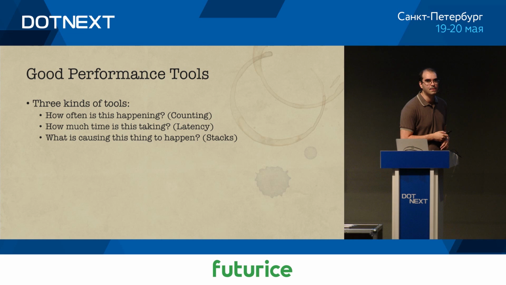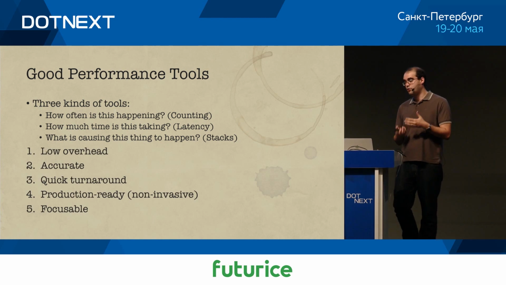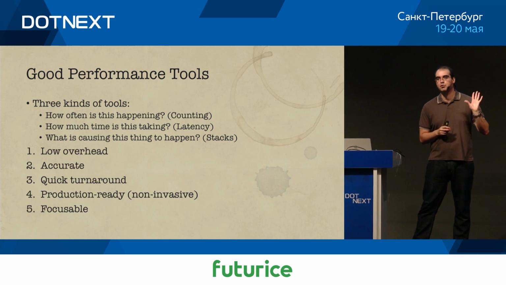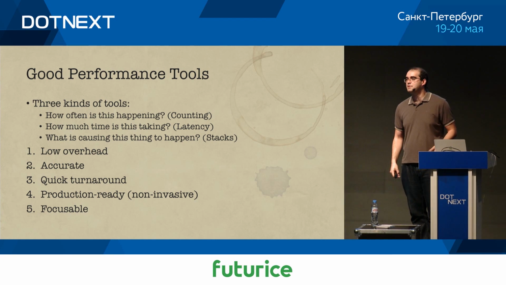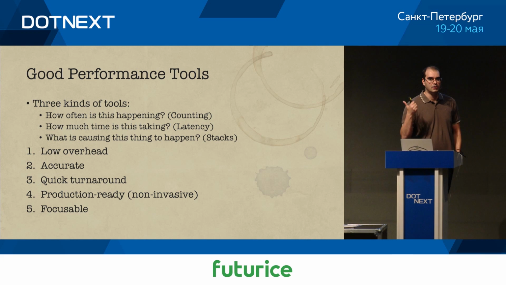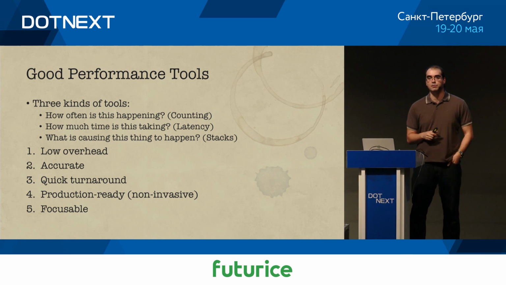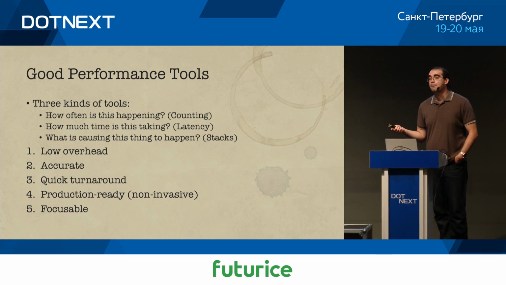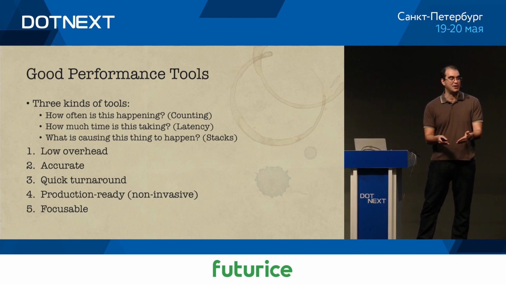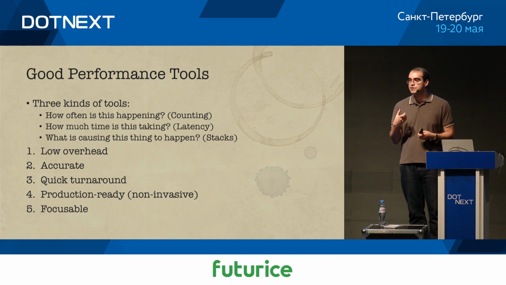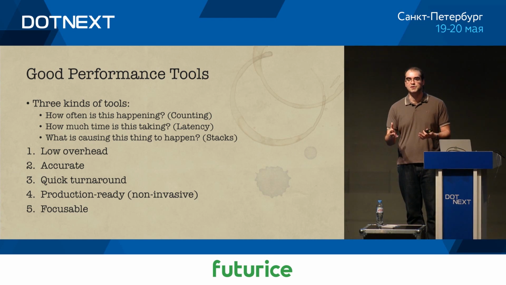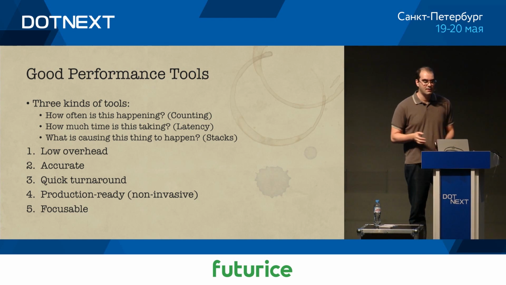Now these tools have, for me, 5 important qualities, which might seem obvious, but not so obvious for a lot of tools I use. Low overhead, we'll talk about this in a moment. Accuracy, so you can trust the results you get out of the tool. Quick turnaround, so you can get results without waiting 6 hours for the data to be analyzed.